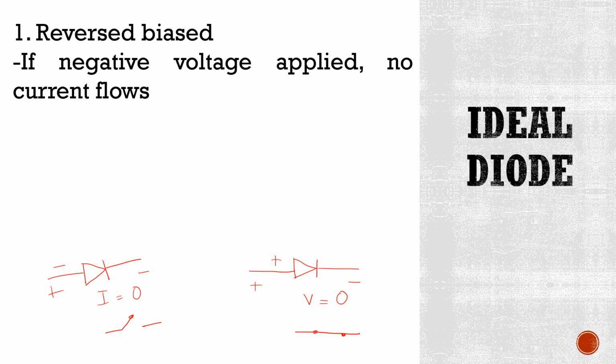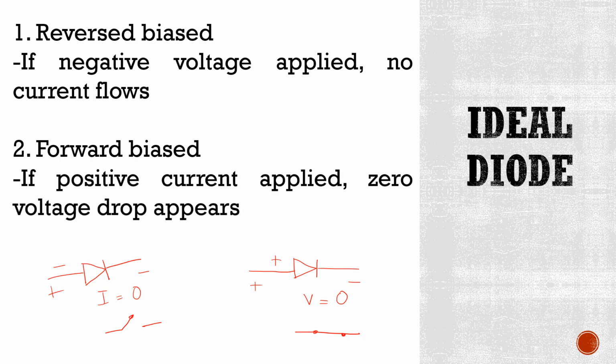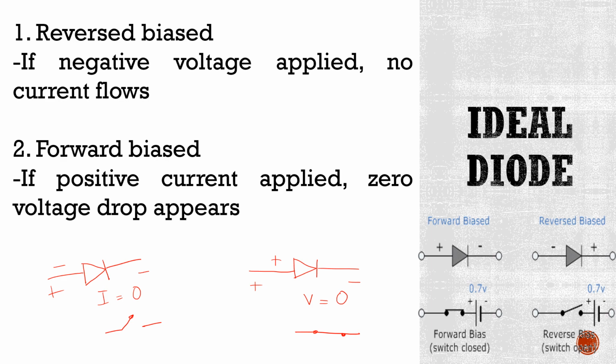Diodes operated in this mode are said to be forward biased. It passes any current with zero voltage drop. A forward biased diode is said to be turned on or simply on. These two are basically the modes of operation of an ideal diode.